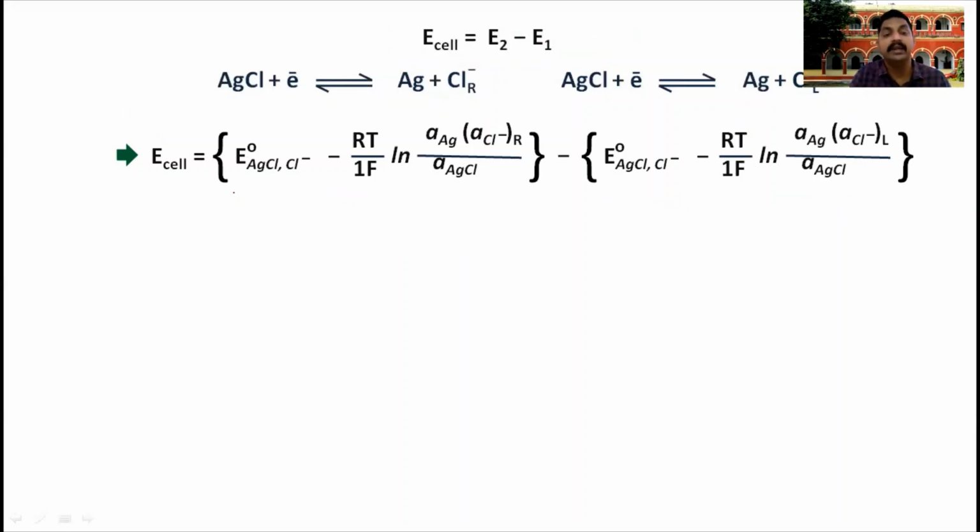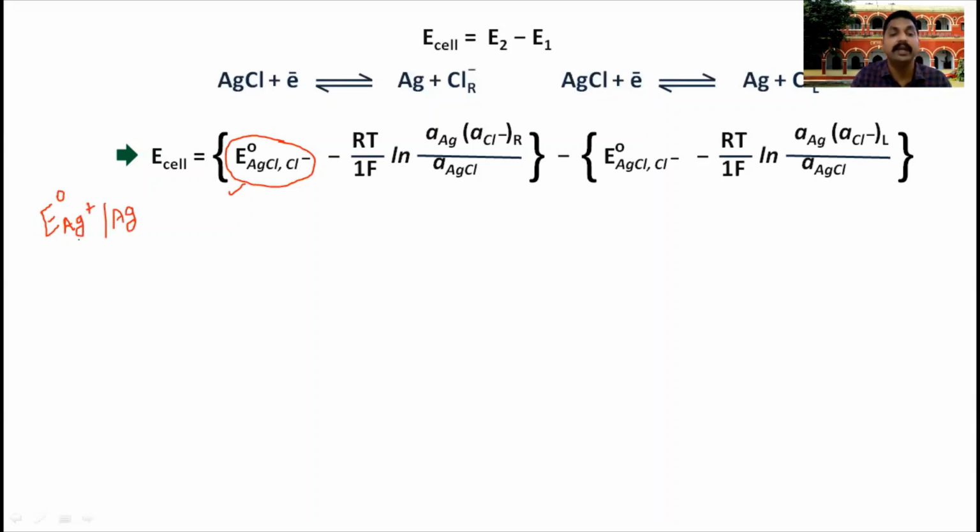When we apply the Nernst equation to a half cell, we get like this. So here the standard reduction potential is E naught AgCl to Cl minus. Here in actual what is happening? Silver chloride, which means E naught Ag plus, is being reduced to Ag.